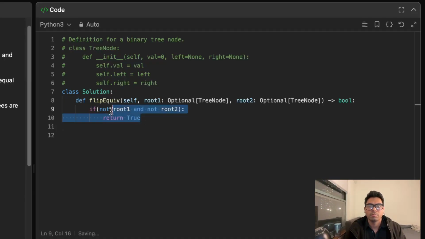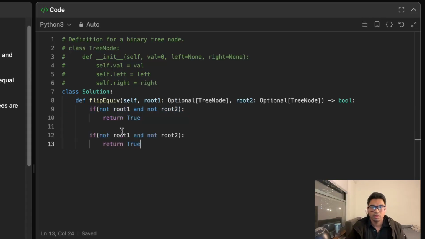But then if not root1 or not root2, that means we return false. Like if root1 exists and root2 is none, or the other way around, that means they can never be equivalent, because the root cannot be flipped.